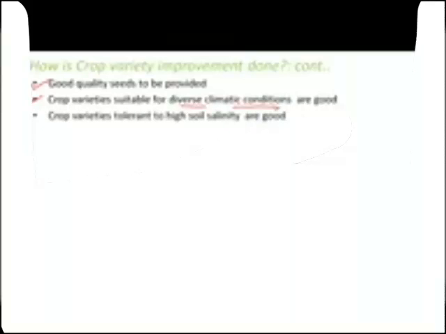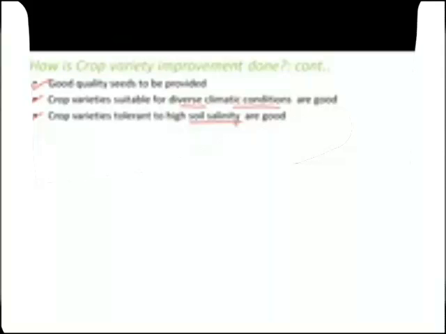Crop varieties tolerant to high soil salinity are good. What do you mean by soil salinity? That means the content of salt in the soil. Now, if the soil salinity is very high, it adversely affects the growth of the plant, right?